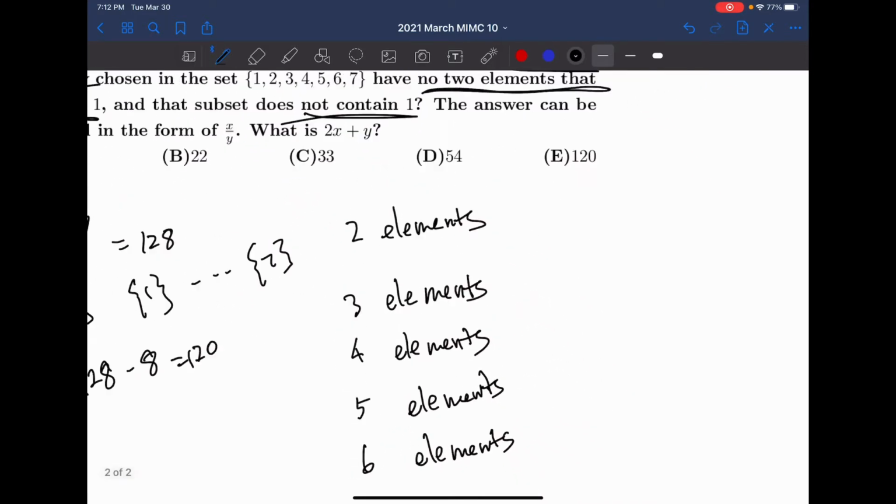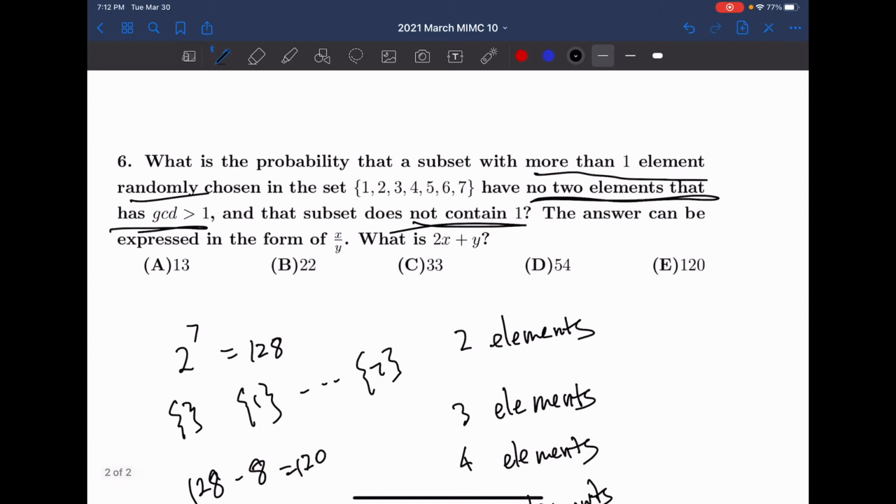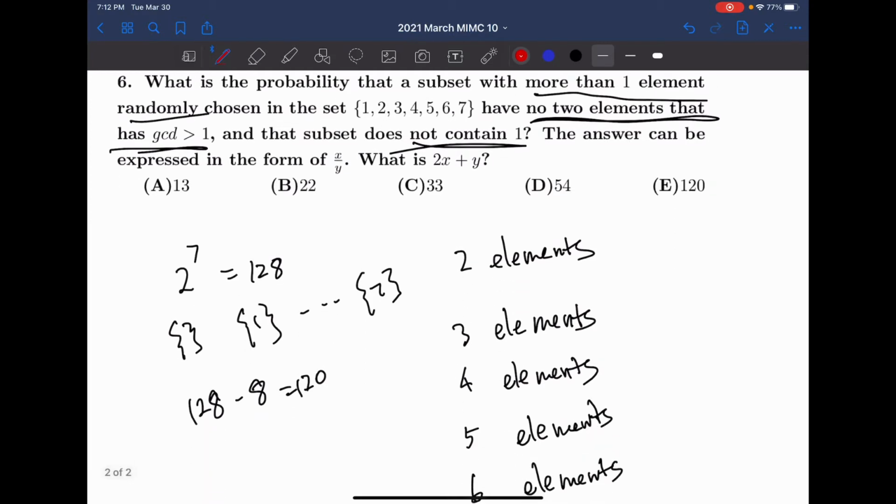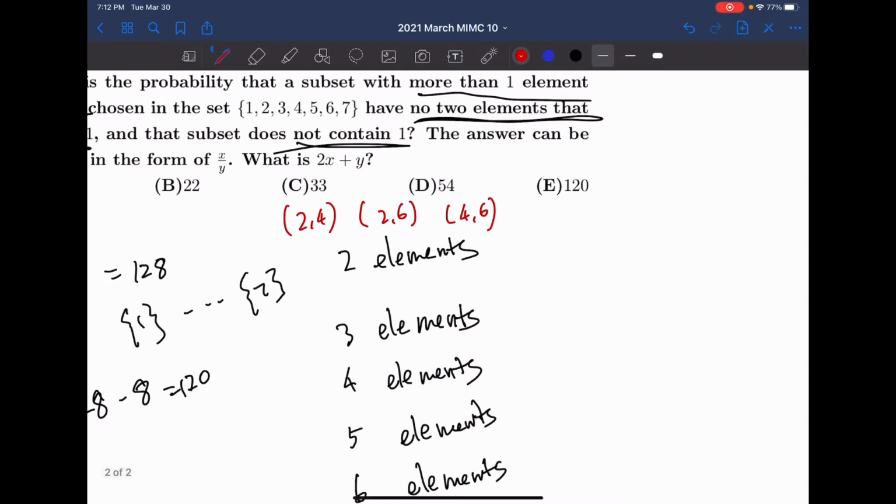And let's get started by listing out the pairs that actually do violate the GCD larger than 1 condition. So 2 of them can be 2, 4, it can be 2, 6, it can be 4, 6, and it can also be 3, 6. I think that's all of the ones that we don't want. So choose 2 elements from it.